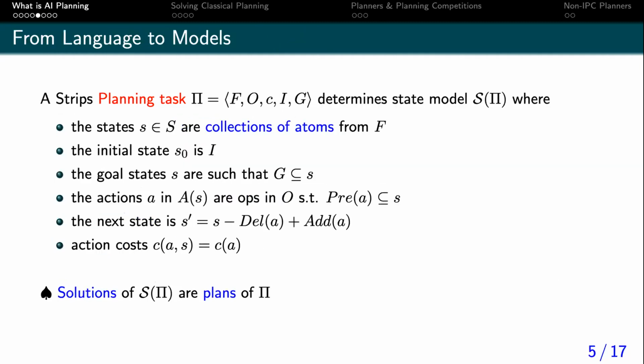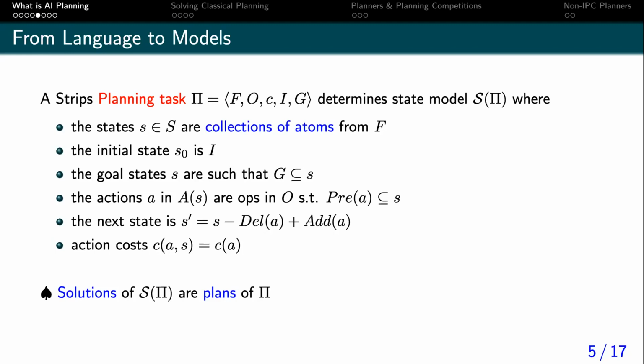So given a STRIPS planning task, we can define the model as follows. The states S are just all possible subsets of F. The initial state S0 is I, one of those subsets. The goal states S are all states that are supersets of G. The actions in A(S) are operators in O such that the precondition is included in the state.